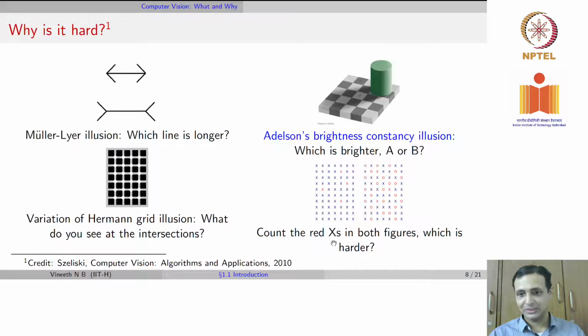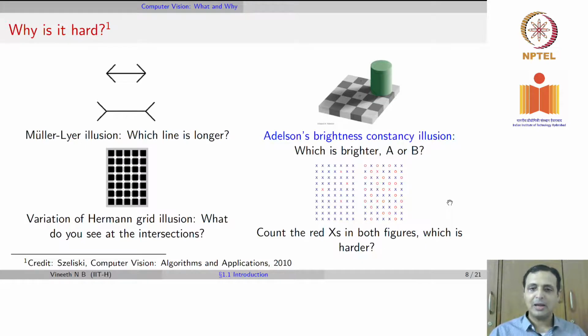Clearly, if I asked you which is harder, you would say the one on the right, because there are some red circles that are putting off your counting process and making it harder to count, although otherwise it's the same red crosses on both sides. So this is something again that makes understanding how visual perception works hard.